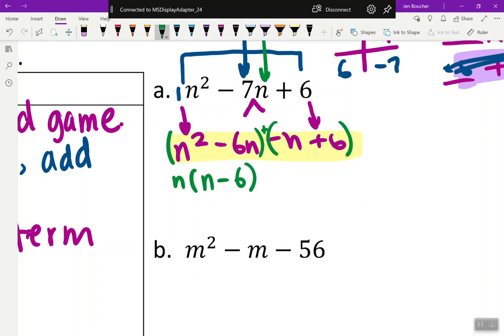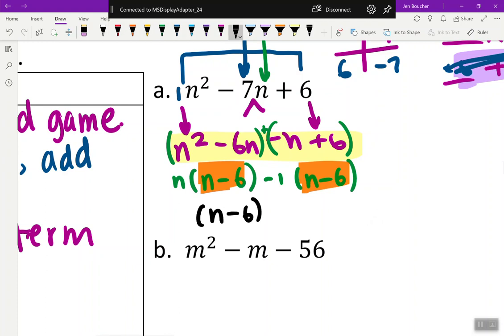A -1. Very good. And what are my leftovers? The negative comes out and the plus turns into a what? A minus. Again, I know that I'm on the right track because those two parts are the same. So it comes out front and out back and -1.